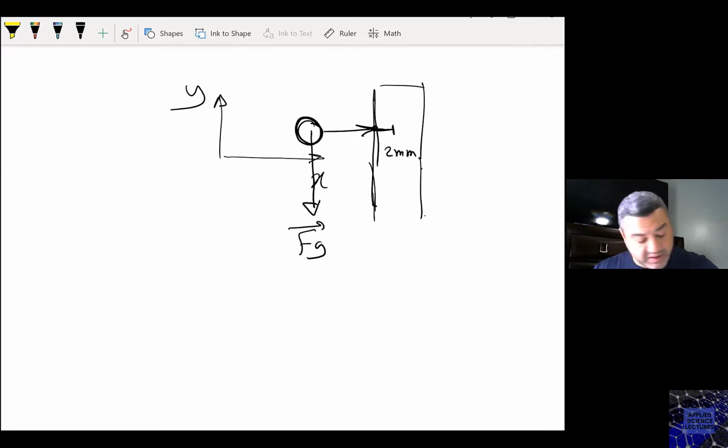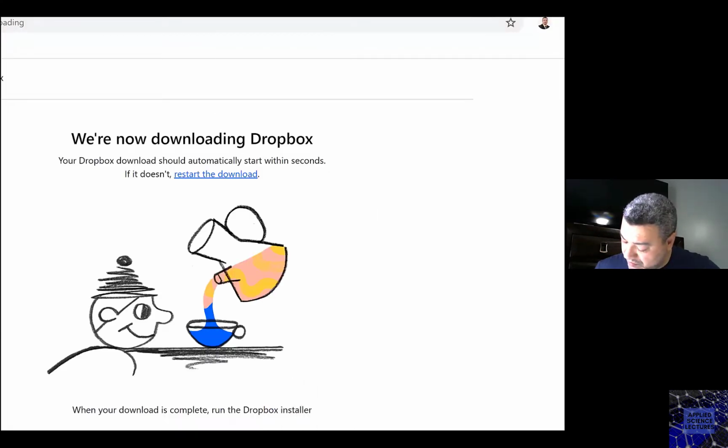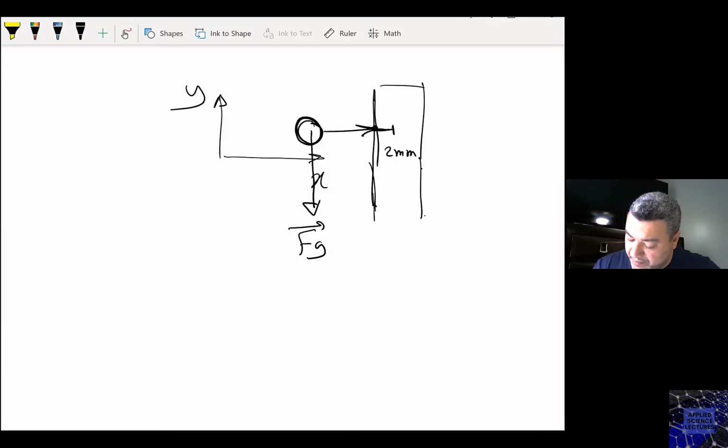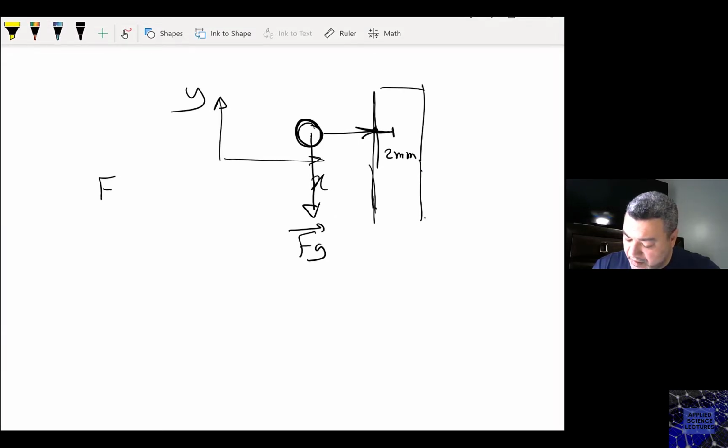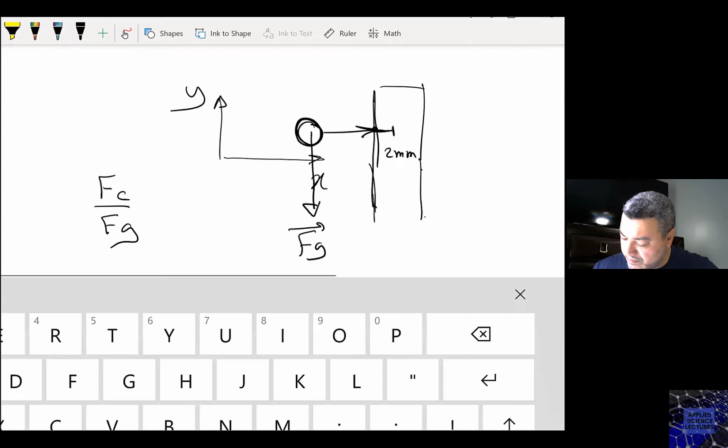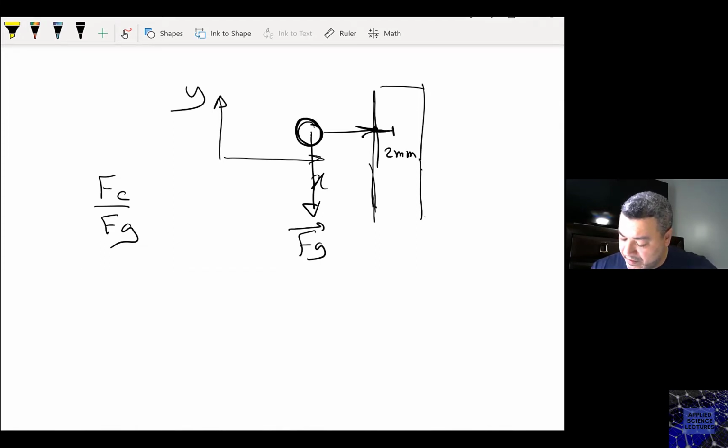So if I'm talking about this ratio being Fc over Fg, then Fc equals mass times this acceleration that we found, right?